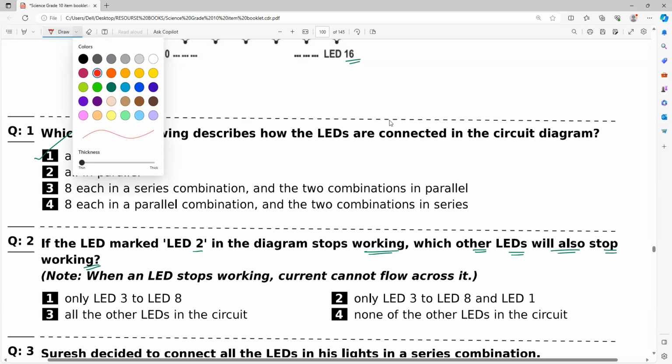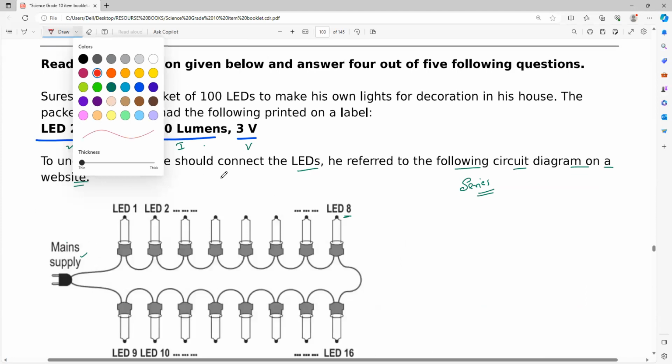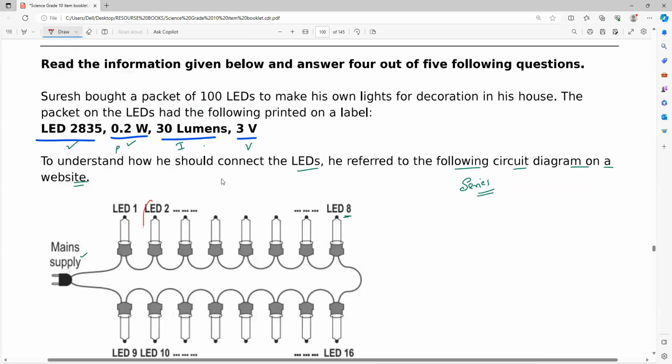Every device will shut down. Because if LED 2 is damaged, the entire circuit becomes an open circuit. If it becomes an open circuit, all the other LEDs will not glow.